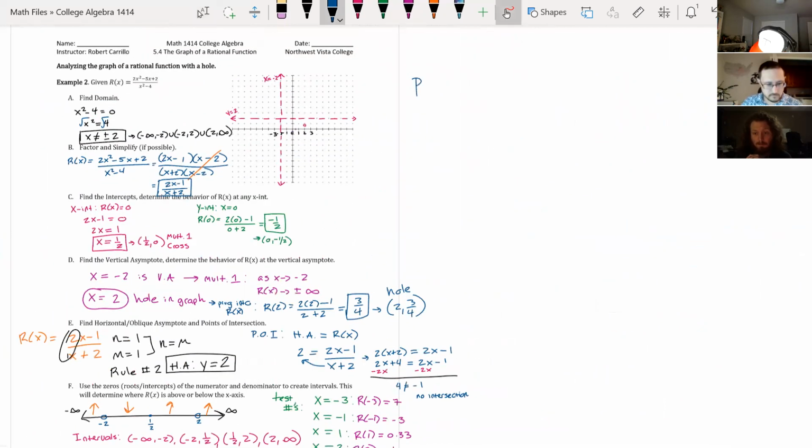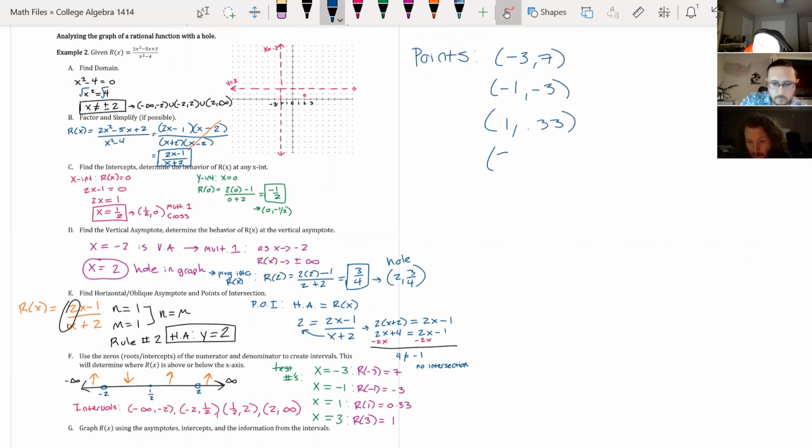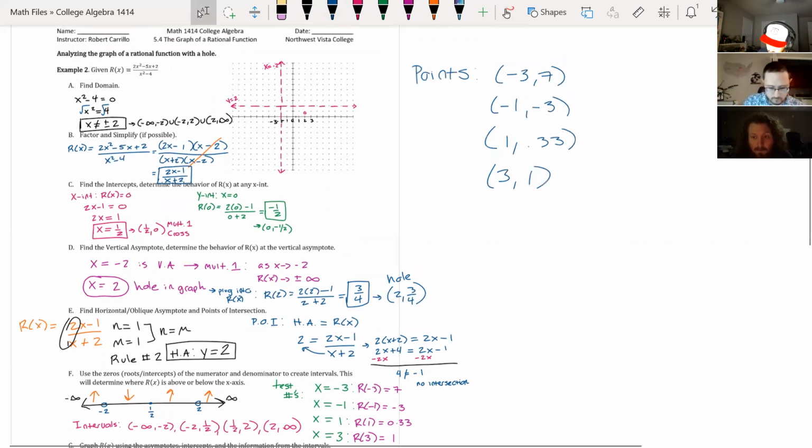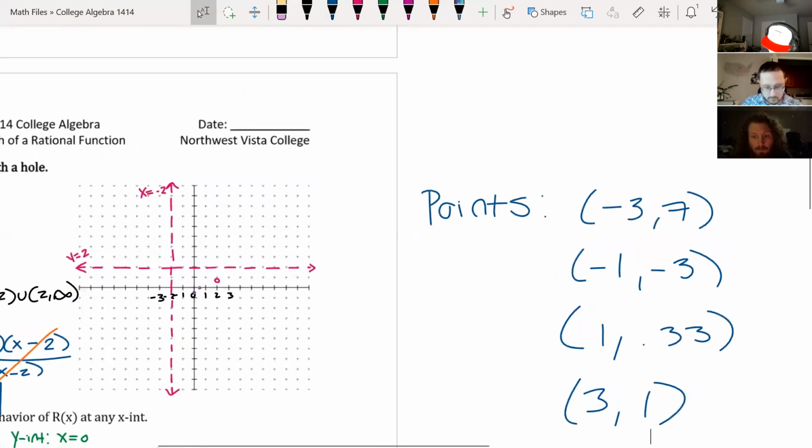Our points are -3, 7, -1, -3, 1 and 0.33, and then 3, 1. All right, let me go ahead and plot those first, and then we'll use our sign chart.